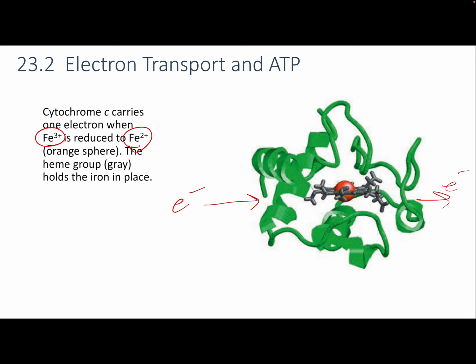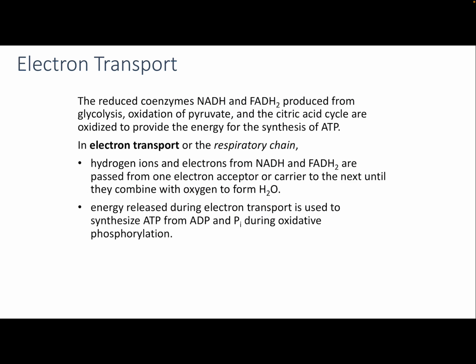It's held in place here with a heme group, similar to how our hemoglobin holds iron in place in our blood cells. Okay, so the coenzymes that are now reduced, NADH and FADH2, are going to enter into this electron transport chain, or as it's also known, respiratory chain.